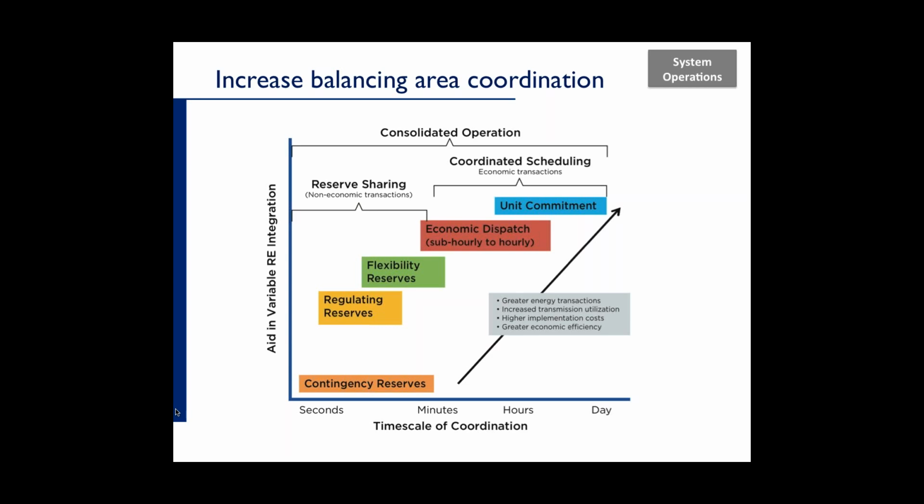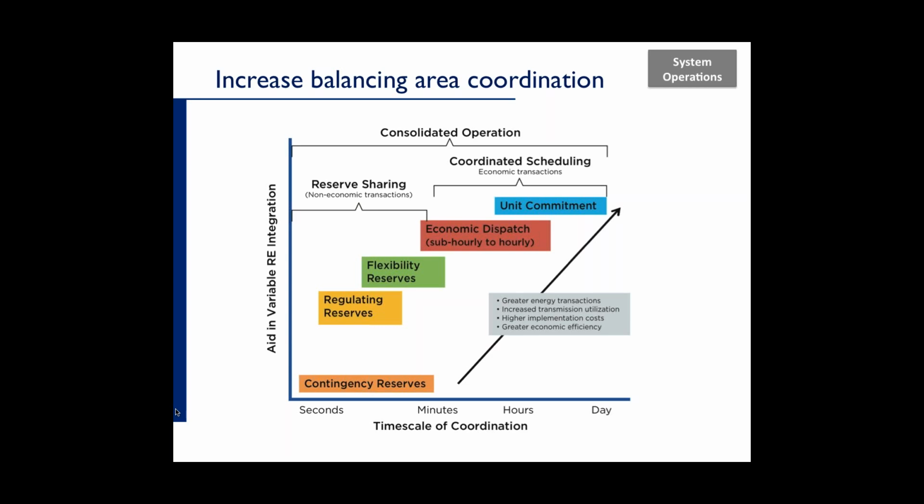The next box is flexibility reserve, which is essentially the reserve that you need to cover variability and uncertainty with wind and solar. So you could have two or more regions that share flexibility reserves. But up to this point, the regions have not decided to go into some sort of coordinated economic dispatch, and that's the next step.